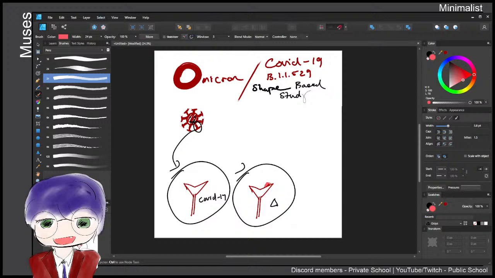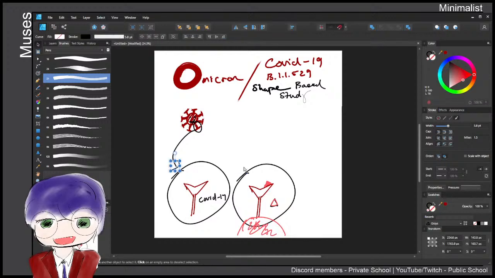Yes, that's the right color for Delta, right? It added this part in pink, and that made it more infectious. And then there's some pink stuff that's happening within the virus itself, and that probably also made it more infectious. But yeah, so it's all about the shape, right?